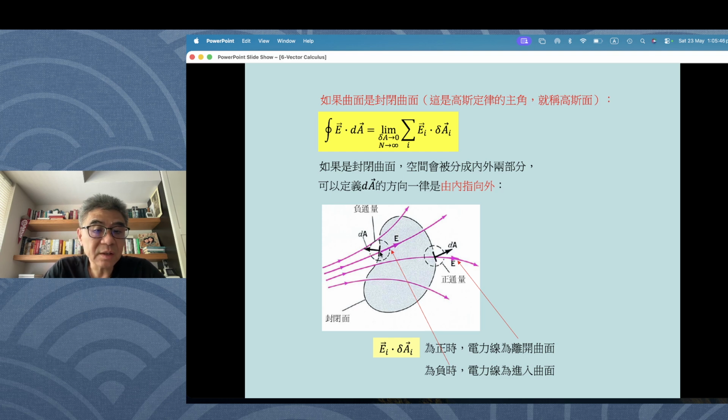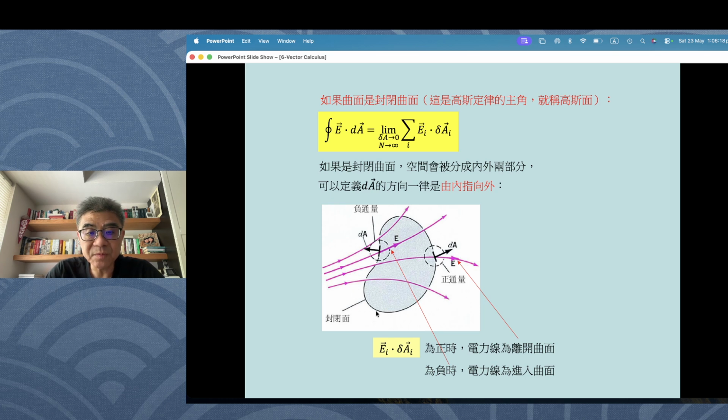If it is positive, that means E is in the direction of dA. However, if it is opposite, then the electric flux is negative, which means the electric field is flowing opposite to the direction of the plane. With this definition, we can then define the electric flux through a closed surface, as defined here.